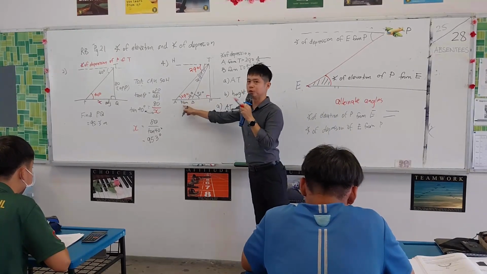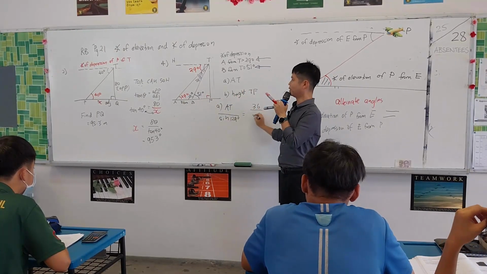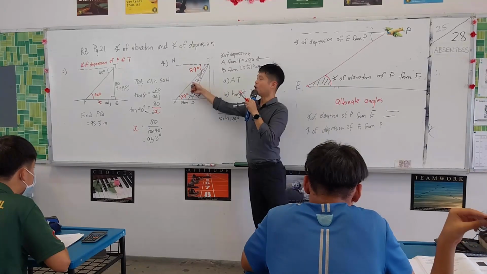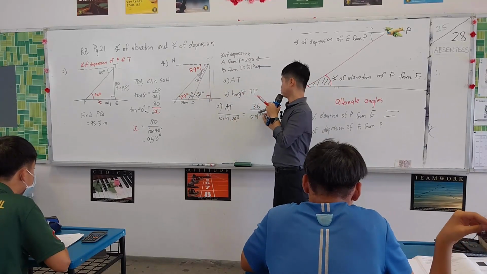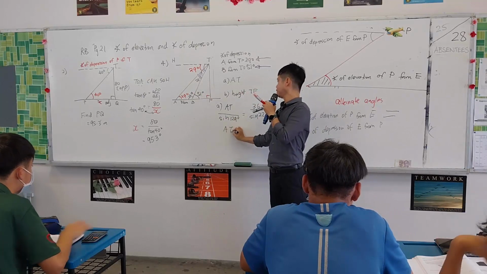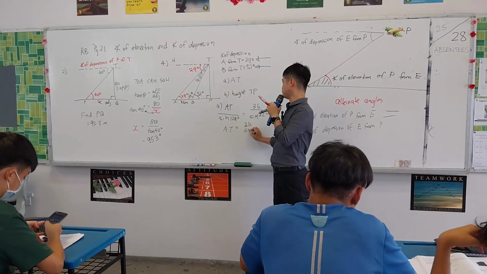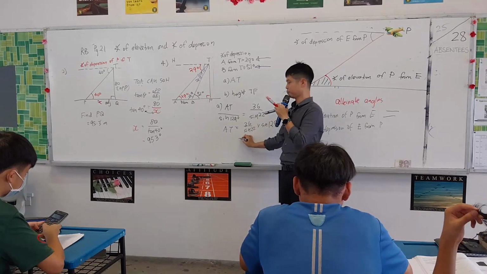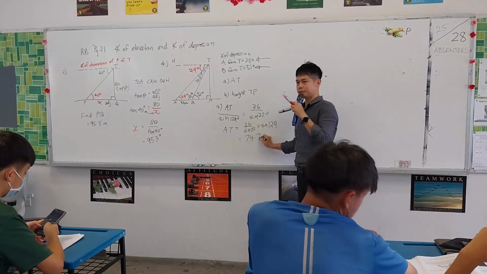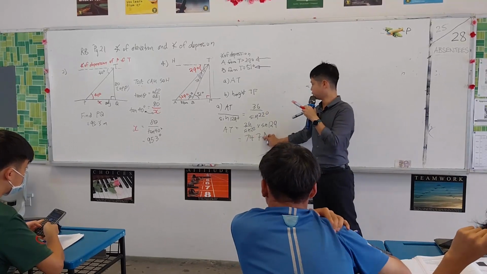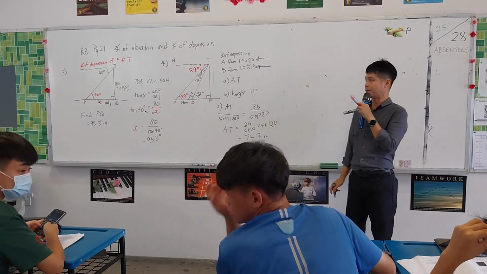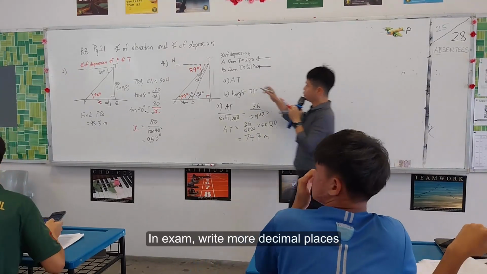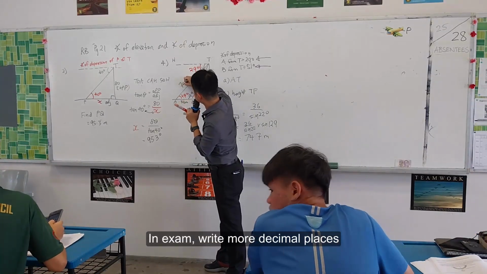I must use this length over sine the opposite angle 22. So finding AT is simply 36 over sine 22 times sine 129. 74.7. Let's keep it short. So 74.7 meters. Now we know that this is 74.7 meters.